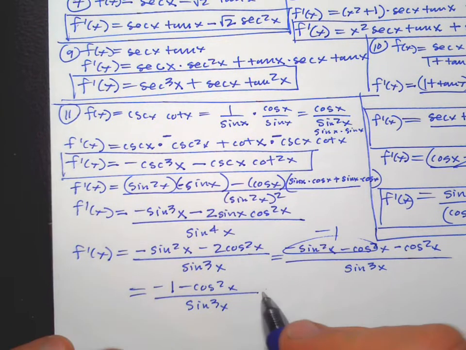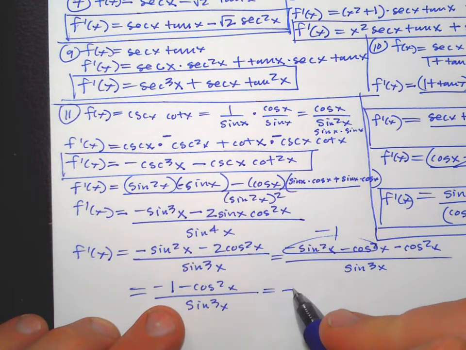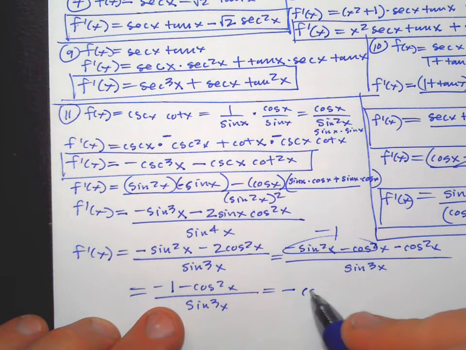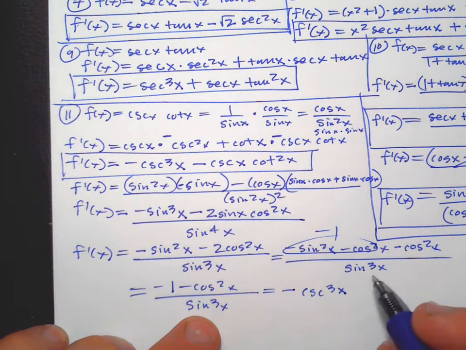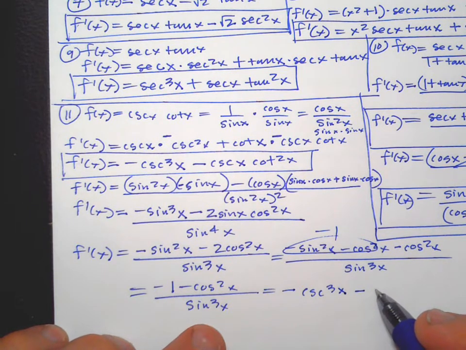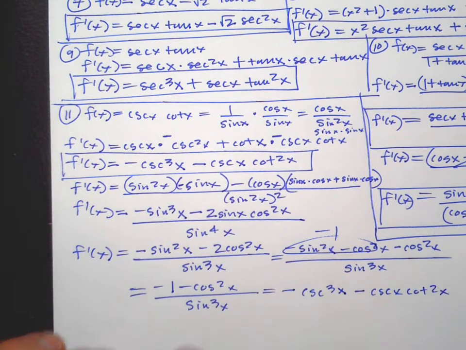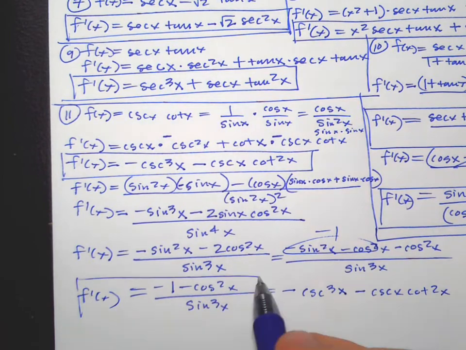So with this, if you were to distribute it, 1 over sine squared is negative cosecant cubed. And then cosine squared over sine squared is going to be cotangent. And there's another cosecant, another 1 over sine is cosecant. And we can get it to match the other one. But whatever, lots of different answers.